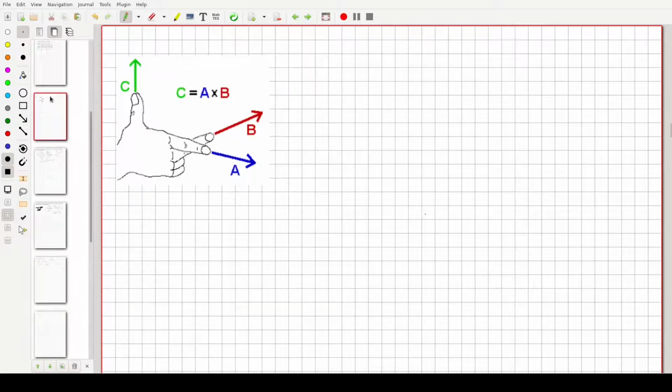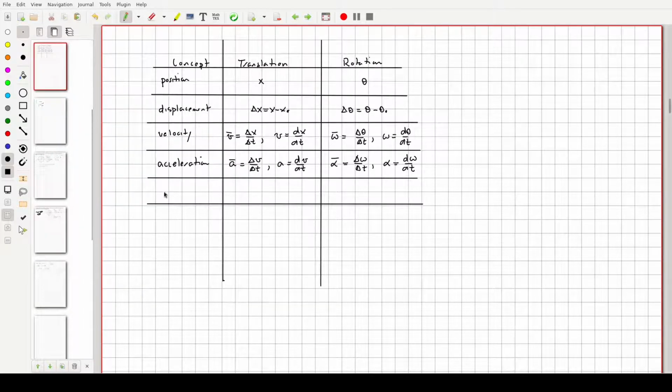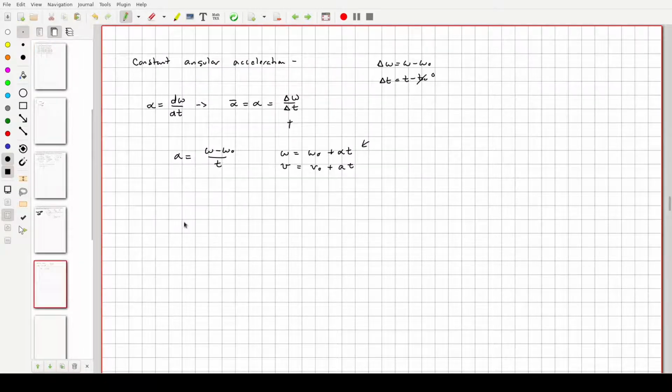So, if I go back here and I look at the first kinematic equation for translation, it's v is equal to v naught plus a times t. And for rotation, it's omega is equal to omega naught plus alpha times t. Looks the same. Okay?